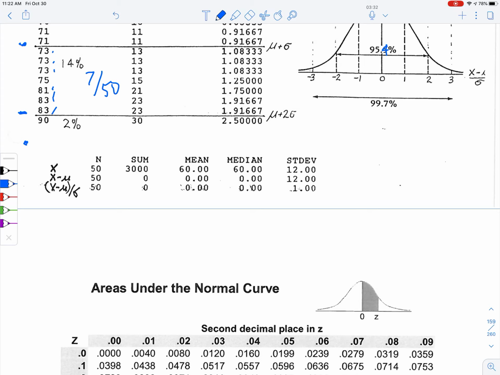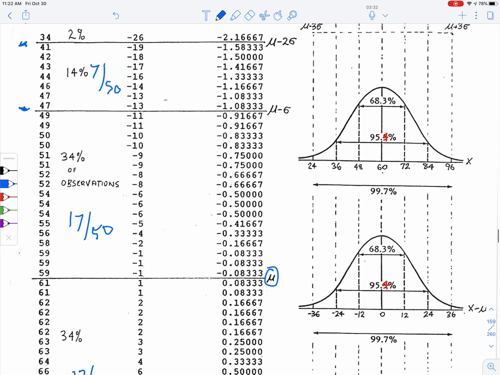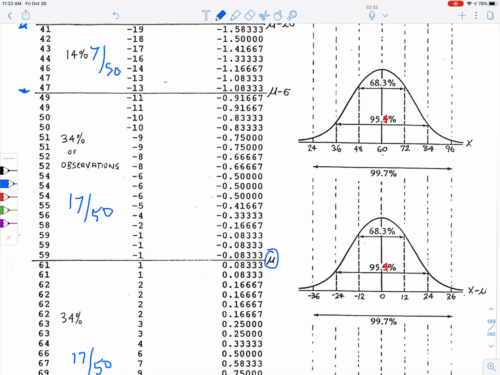The mean turns out to be 60, which is your mu, and your standard deviation turns out to be 12. And the median, by the way, just as an aside, is also 60. This is a symmetric distribution. So the distribution is perfectly normal. That's actually the way that I designed it here.